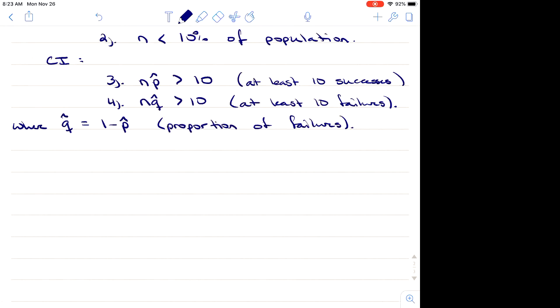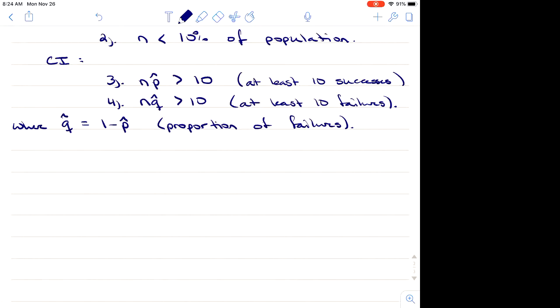And on your formula sheet, I've got in the bottom corner there where q is 1 minus p. So in general, wherever you see a q, it's just 1 minus p of that. So we're going to be talking about q naught, q sub 0, we're going to be talking about straight q and q hat. All of those are just 1 minus the p equivalent.